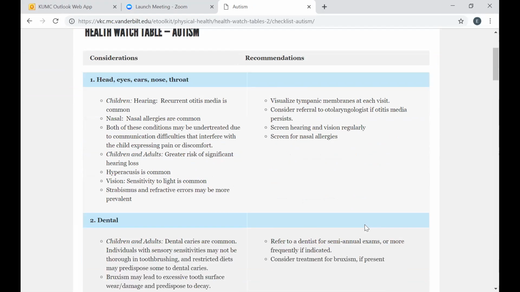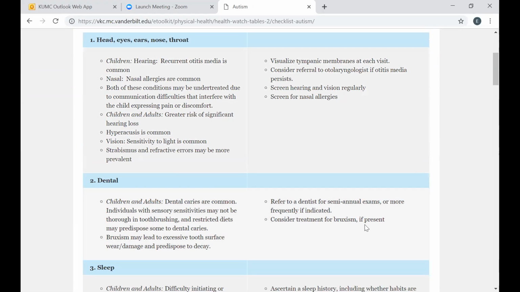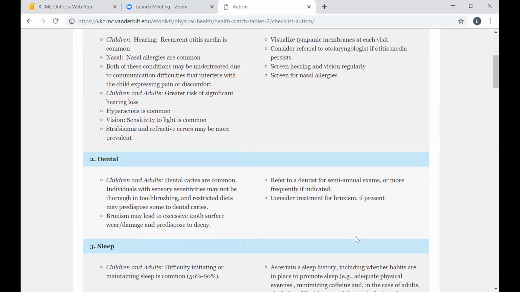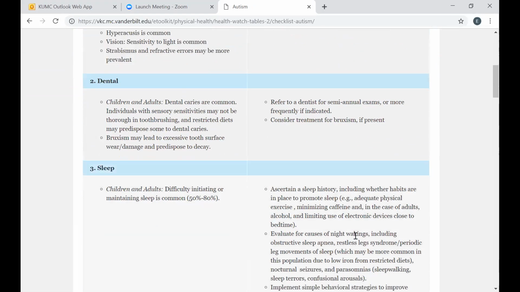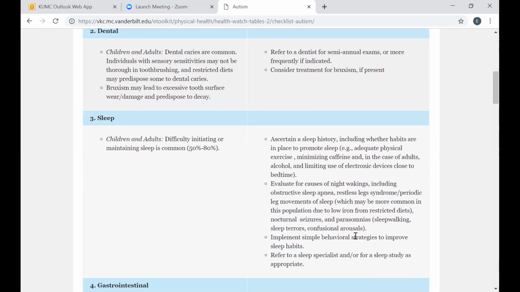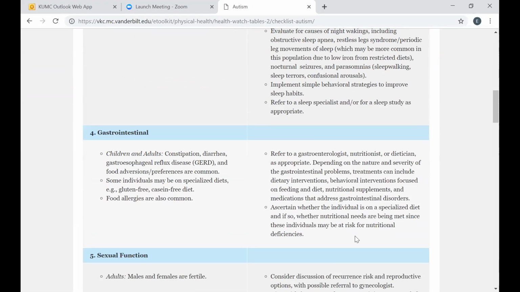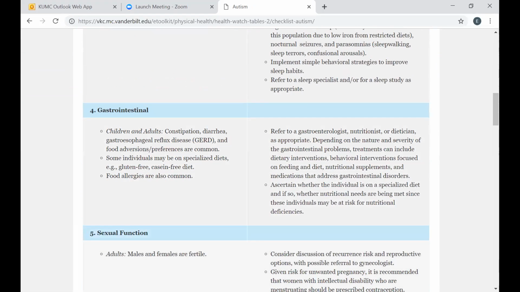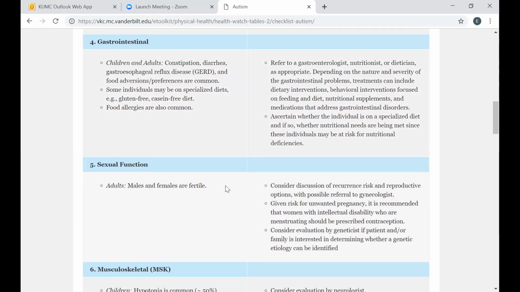So what it goes through is essentially systems based, and it tells you for children and for adults what you should be looking for, and then maybe even how often to do it, which is great too. Again, trying to alleviate the feeling of I don't know what I'm supposed to be doing differently. For children with autism or even adults, it's important to ask about any specialized diets they may or may not be on, and that food allergies are common.